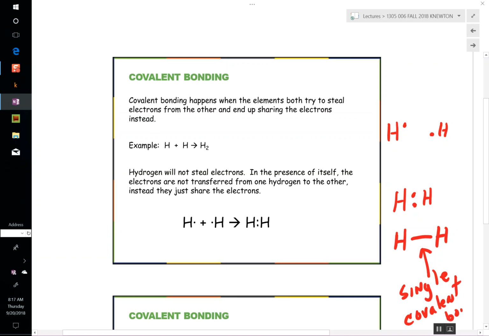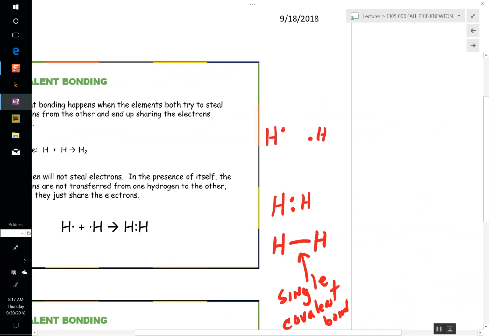So whenever you see a line between two atoms, it's representing two electrons. So for example, when you see two lines, that's a double covalent bond.